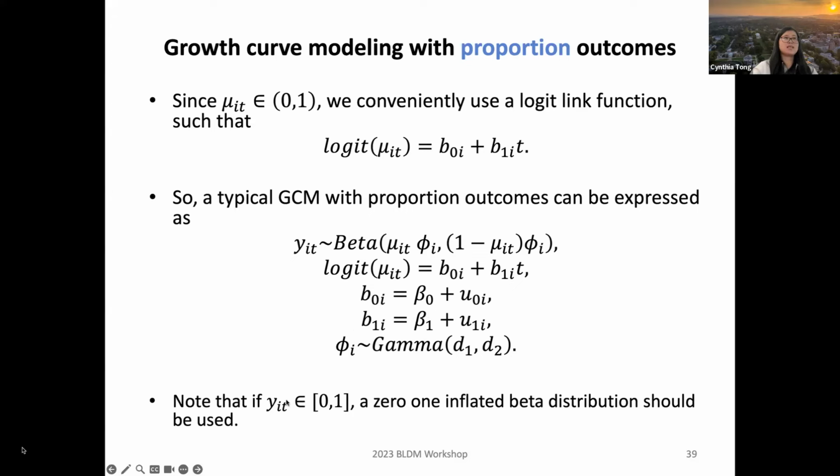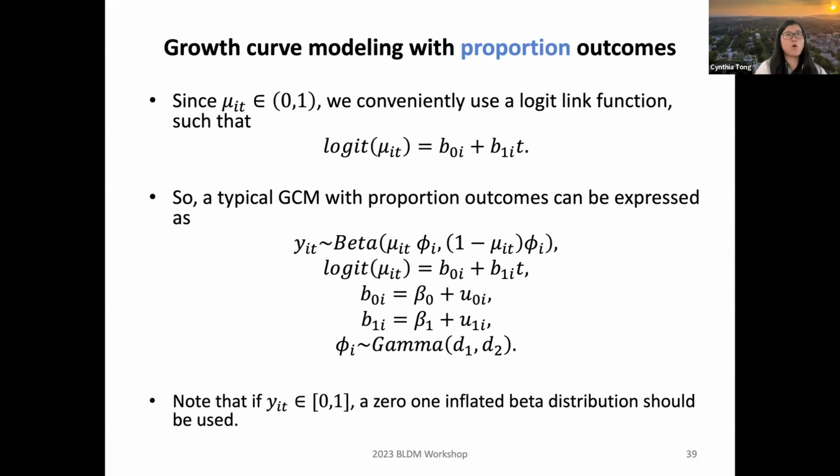Notice that when your outcome variable Y_it does include a 0 or 1, because proportion data sometimes also include 0 and 1, then a 0-1 inflated beta distribution should be used. So it's a little bit more complicated than this.